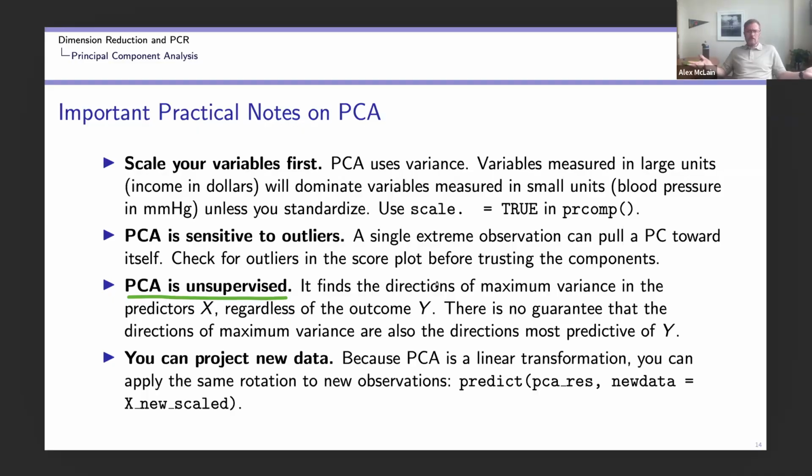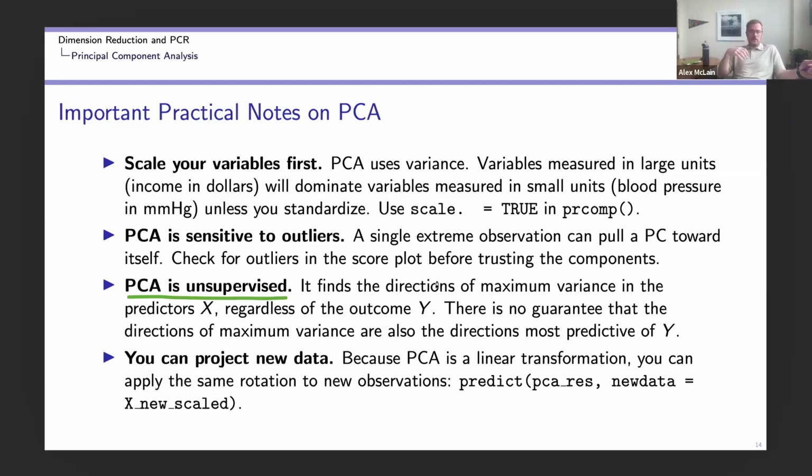Another nice thing is we can project new data. If we have a new subject in the NHANES data set, we can figure out what their PCA 1, 2, 3, and 4 scores are going to be.